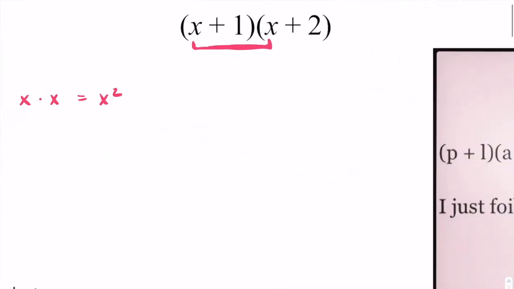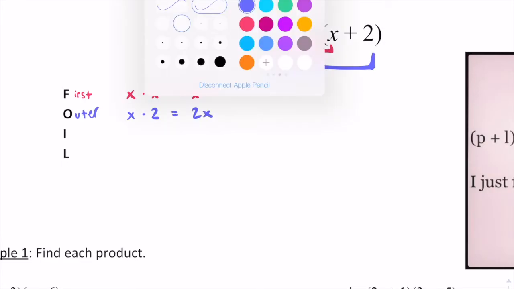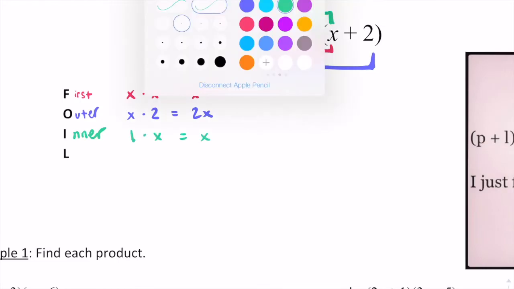I take a look at my outer terms, because these are on the outside of the binomial. So I multiply the outside terms: x times 2, which is 2x. Next one, inner. If my outside terms were x and 2, my inside terms are the ones that are inside: 1 times x, which is just x.